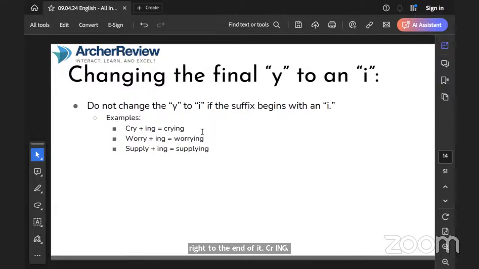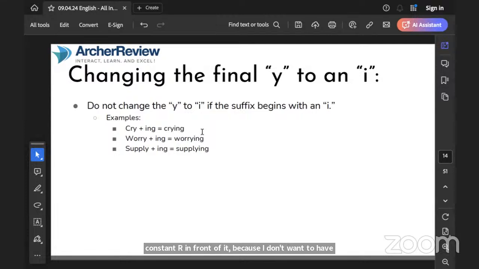Same thing for worry. It's got the R in front of it. We just looked at it with an ED, but the rule is only pertaining to suffixes that start with the letter I. So since ING starts with that I, I am not going to drop my Y, even though I've got that consonant R in front of it, because I don't want to have WORRIING.